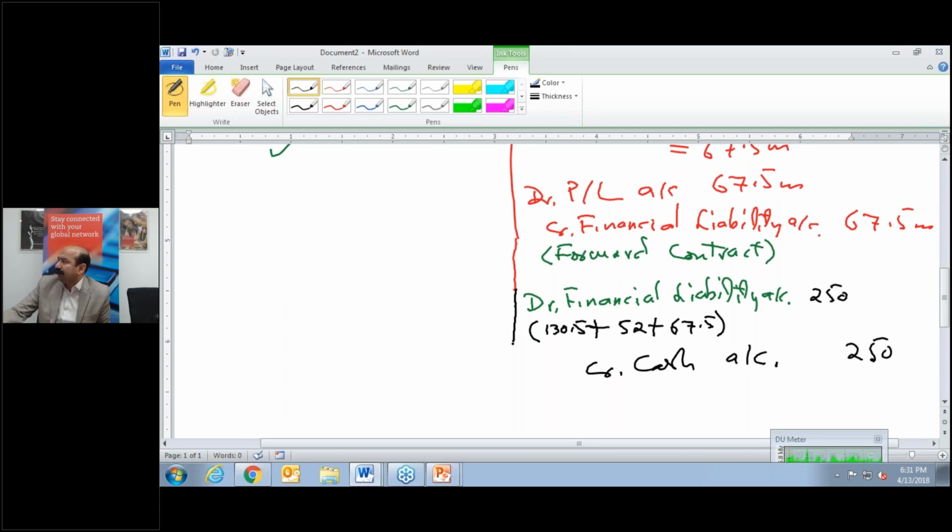Okay, so you will be paying this much to the bank for settling of this forward contract.